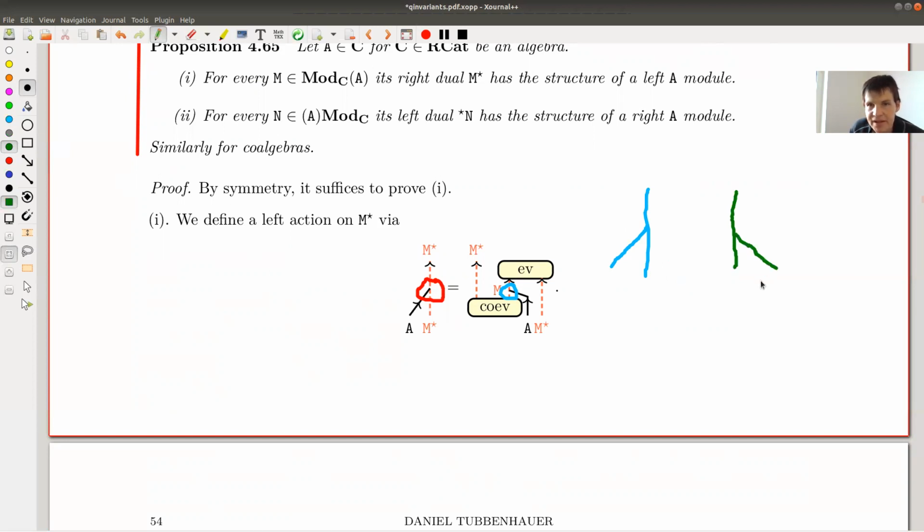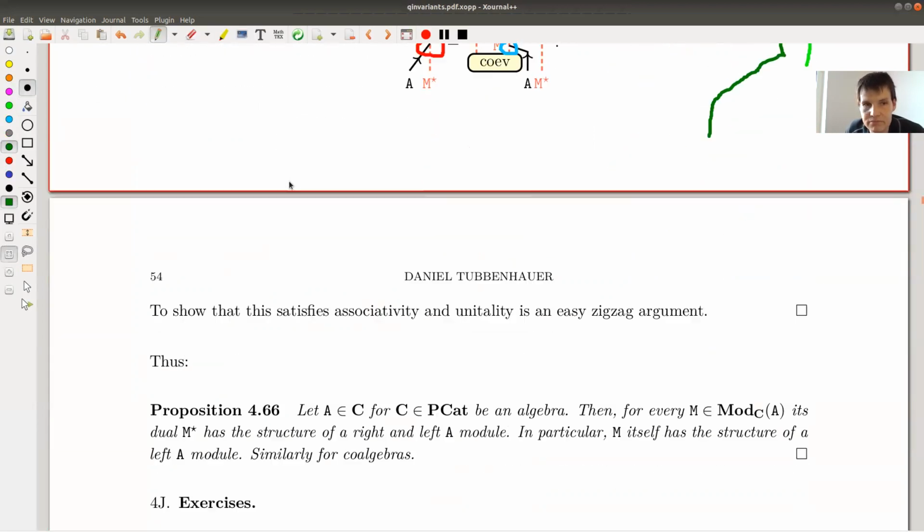All I'm doing here is turning them around from left to right by using dualities. So I turn the left action into a right action as long as I have dualities. Dualities swap left and right. That's all I'm saying, and this works for module categories as well.